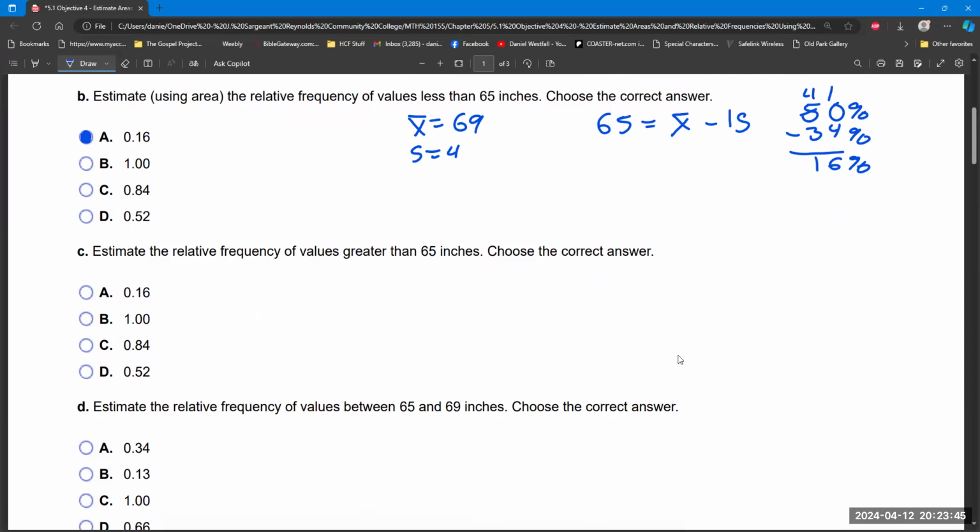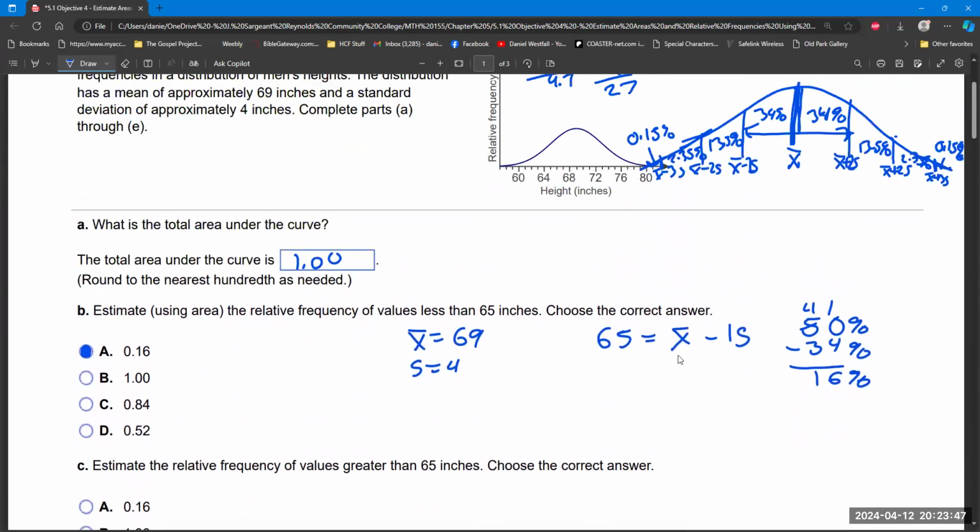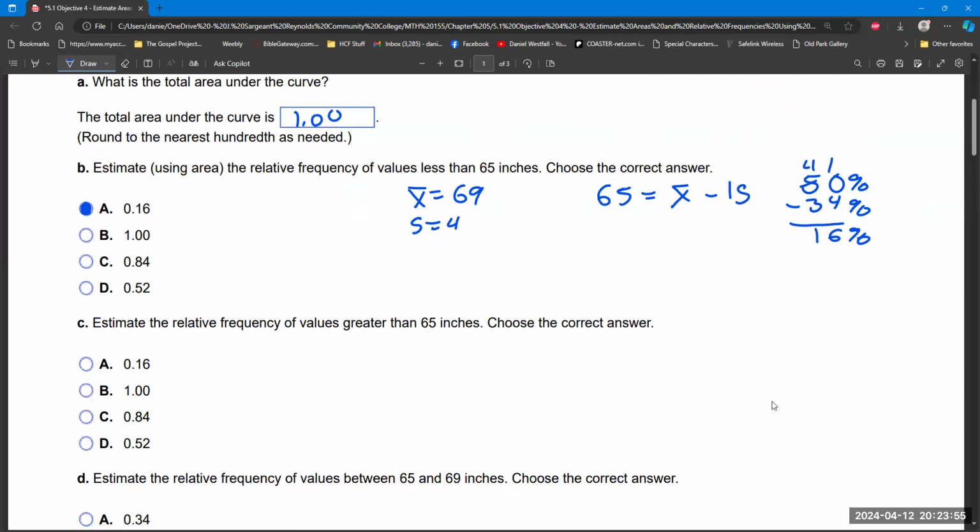Estimate the relative frequency values greater than 65 inches. So greater than is going to be 1 minus this. If this is less than, then I want the complement of that. So 100 minus 16 is going to be 84%.